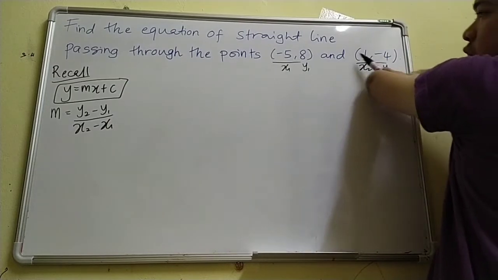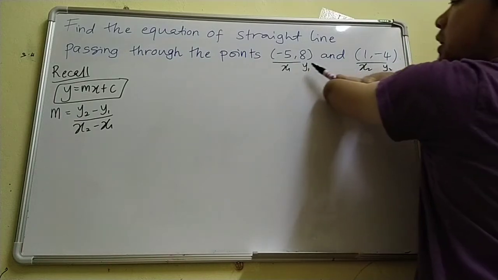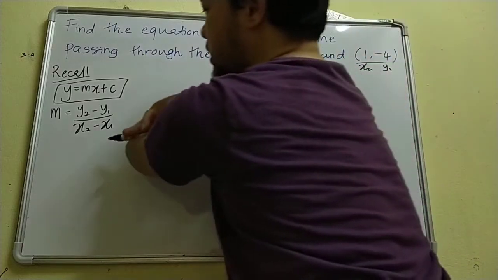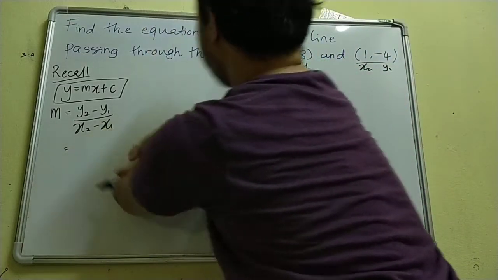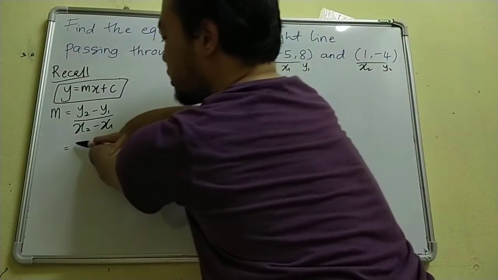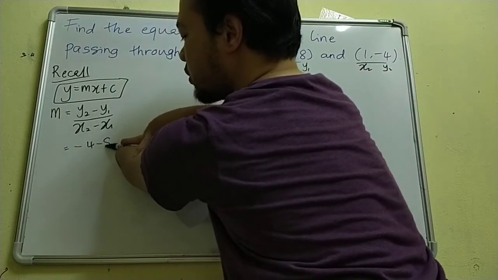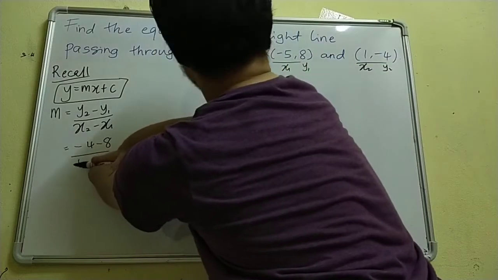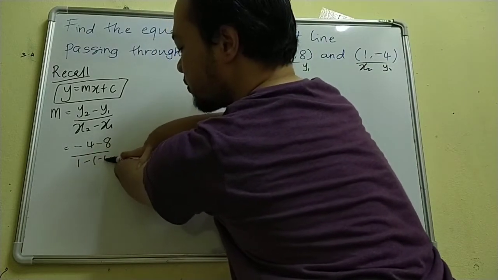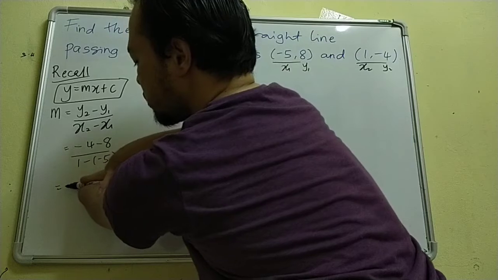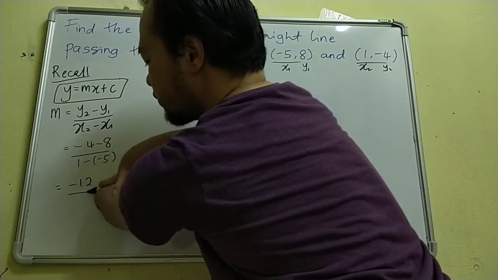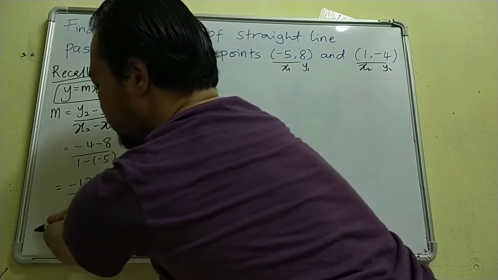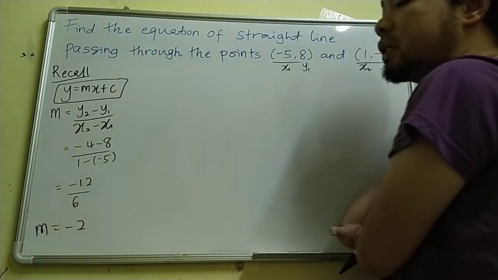You substitute the values, and you will get (-4 - 8) divided by (1 - (-5)), which is -12/6, equal to -2. So the value of the gradient is -2.